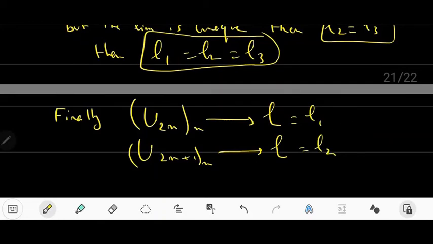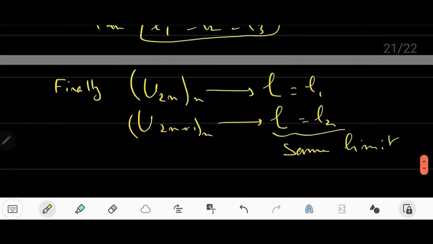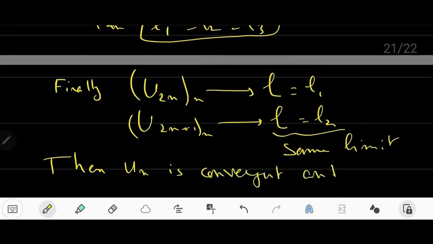Okay, so this is the same limit, and u2n and u2n+1 cover all the terms of un, then un is convergent and the limit of un is equal to the same L when n tends to plus infinity. And this is what ends chapter 2.